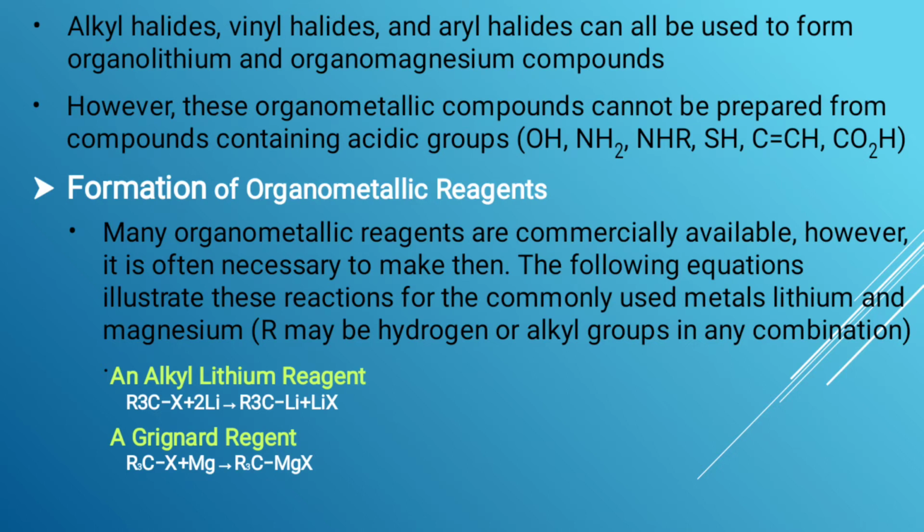The first is an alkyl lithium reagent: a tertiary halide is added to lithium to form the tertiary alkyl lithium plus lithium halide. Another is a Grignard reagent: the tertiary halide is directly bonded to magnesium to form the tertiary magnesium bromide.